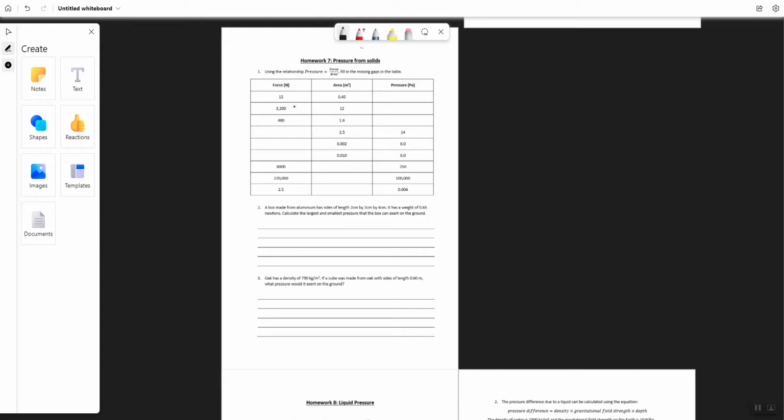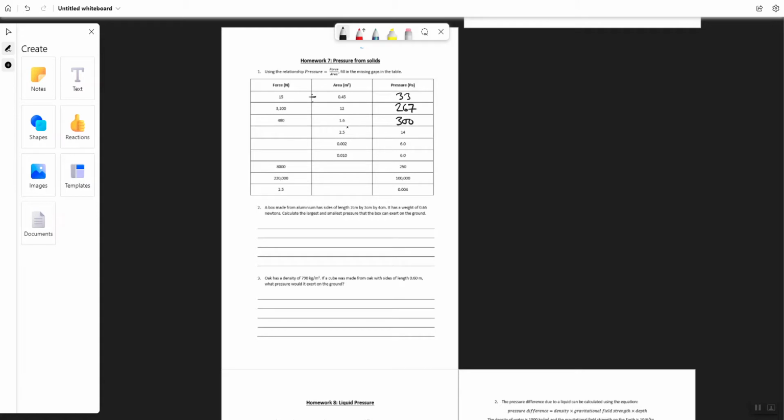So 15 over 0.45, we've got 33.3, but you don't need to write down everything. 3,200 over 12, so 267. 480 divided by 1.6, we've got 300.